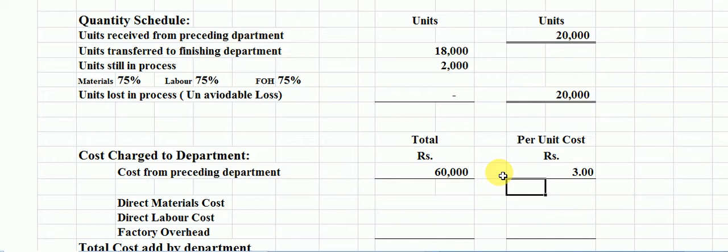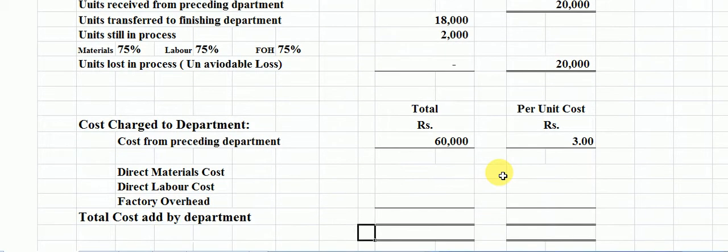Now students, we put the manufacturing costs which occurred in the second department. Direct material cost is 97,500 rupees, direct labor 58,500, and 39,000 rupees as factory overhead.